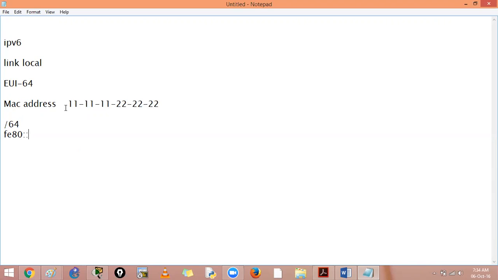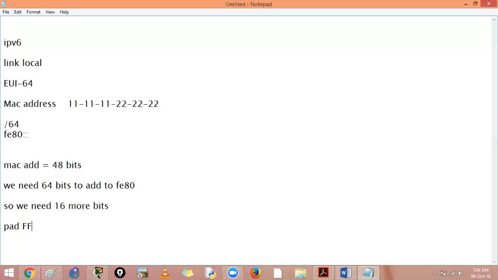Now your MAC address is 48 bits, and the requirement says we need 64 bits to add to FE80. So we need 16 more bits. What we will do is pad FFFE to the MAC address.